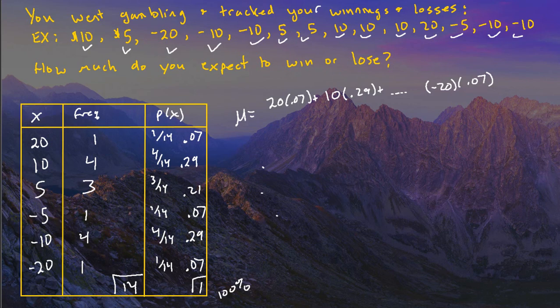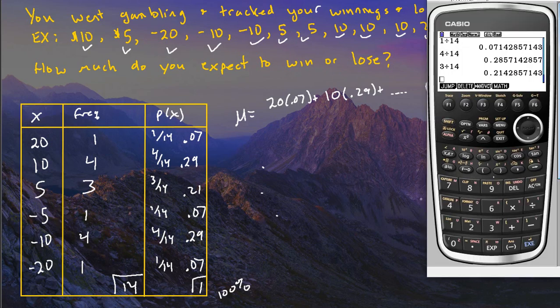So it's possible that we just lose a bunch of money. I'm actually going to type all of this in. So bear with me as I get it in there. And hopefully I don't mess up typing it in. Next is -5.